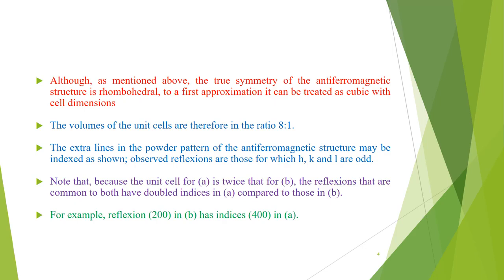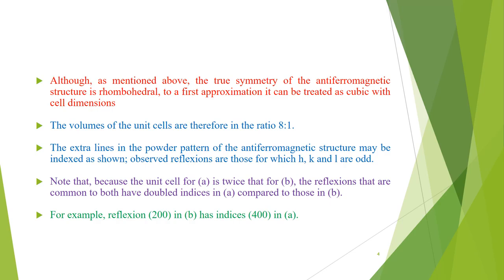Although, as mentioned above, the true symmetry of the antiferromagnetic structure is rhombohedral, to a first approximation it can be treated as cubic with cell dimensions that are twice the value for the high temperature paramagnetic structure.